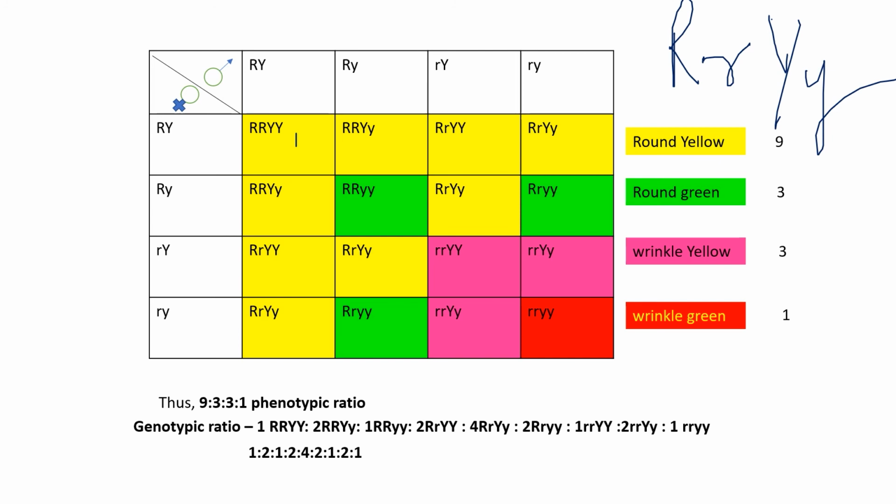Then the second one is 2. You see 1, 2. Then 1 again. This one is 1. Then 2, capital R, small r, capital Y. That is here, capital R, this one. Here, right? And easily you can count. It's quite easy. So you should know both phenotypic and genotypic ratio.